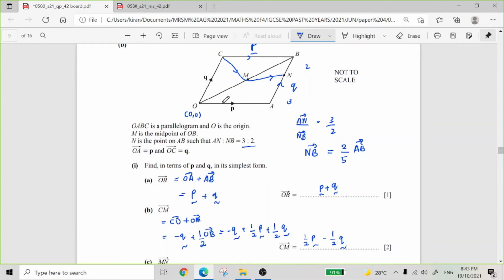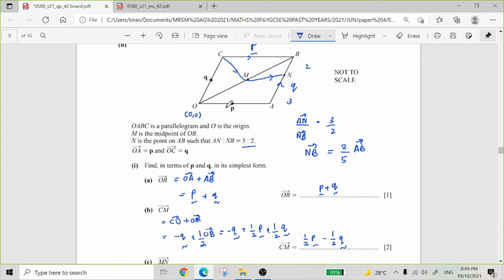And then vector CM. You can choose any route as long as the starting point is C and the ending point is M. Let's say I choose CO plus OM. You can also choose CB plus BM. CO is negative q since OC is q, and OM is half of OB.